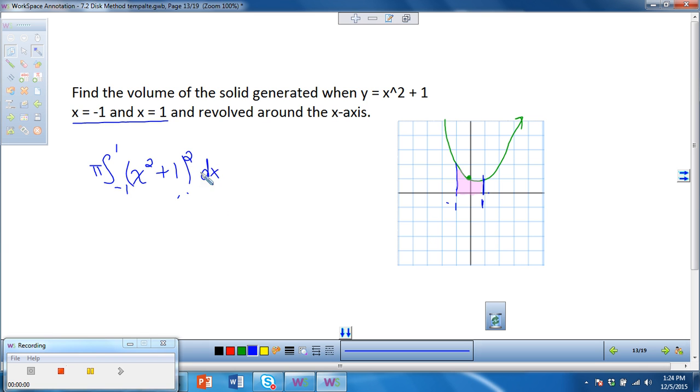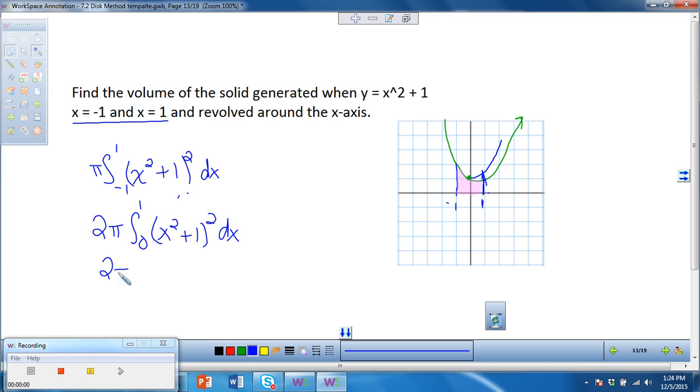Now, even though I didn't draw it correctly, this would be symmetrical, because it's x squared. So if I want to use symmetry, I can say it's 2 pi times the integral from 0 to 1 of x squared plus 1, squared. I use the 2 because I have to double it if I go from 0 to 1, and that makes my life easier.